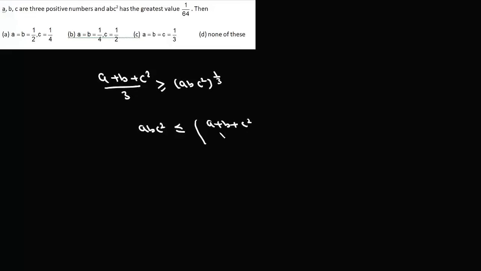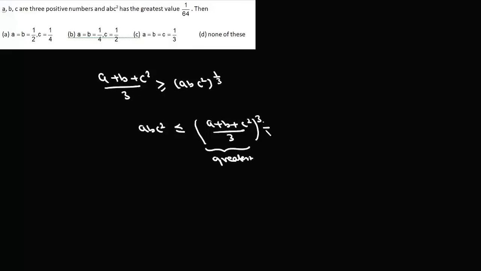Now we know that for positive numbers a, b and c, we can write (a plus b plus c) by 3 is always greater than or equal to (a b c square) to the power 1 by 3, or a b c square will always be less than or equal to ((a plus b plus c) by 3) whole cube. Now this is the greatest value.